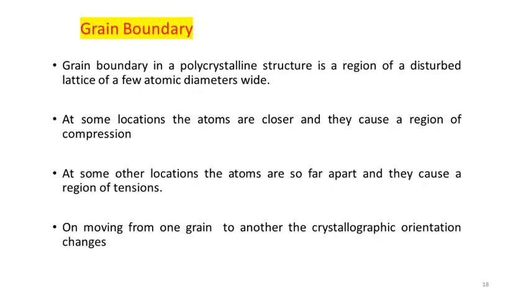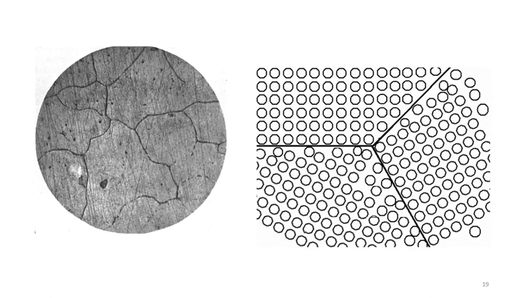So it is the boundary formed between two groups of atoms. One group of atoms has orientation in one direction, and the second group has orientation in another direction. These two groups of atoms meet and form the grain boundary.